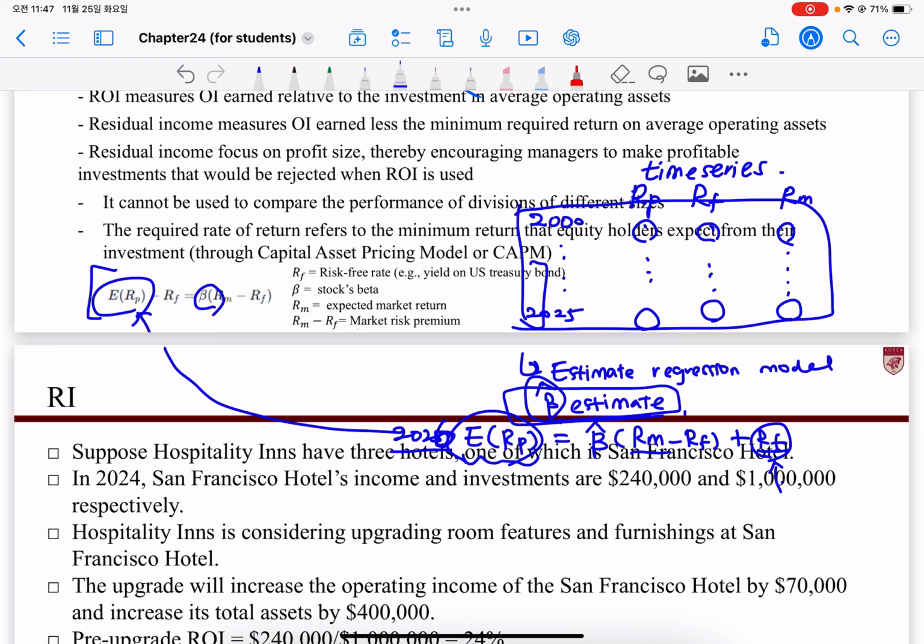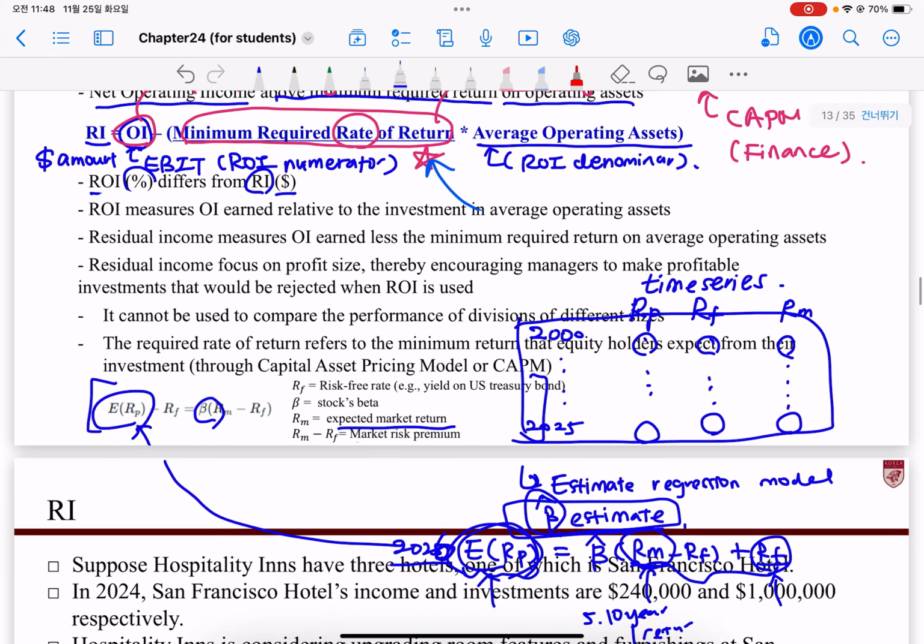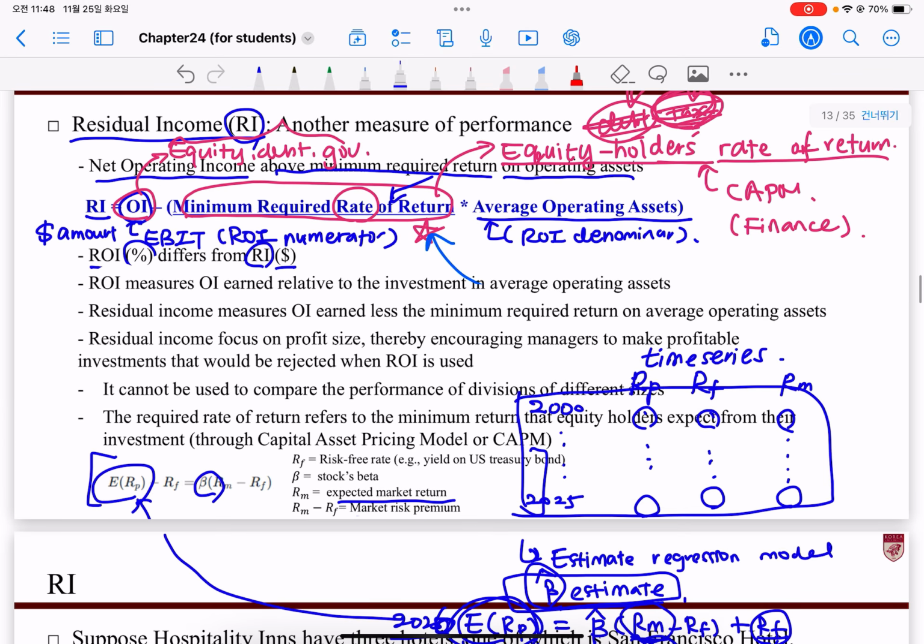They have the projected yield on treasury bonds. And for the market return, the expected market return can be based on, let's say, the last 5-year or 10-year S&P return, or you can use the projected estimate by the analysts, because sometimes the analysts give the expected market return. Okay, so suppose that you know these numbers, then you can calculate the company return, and that will be used here in the minimum required rate of return.